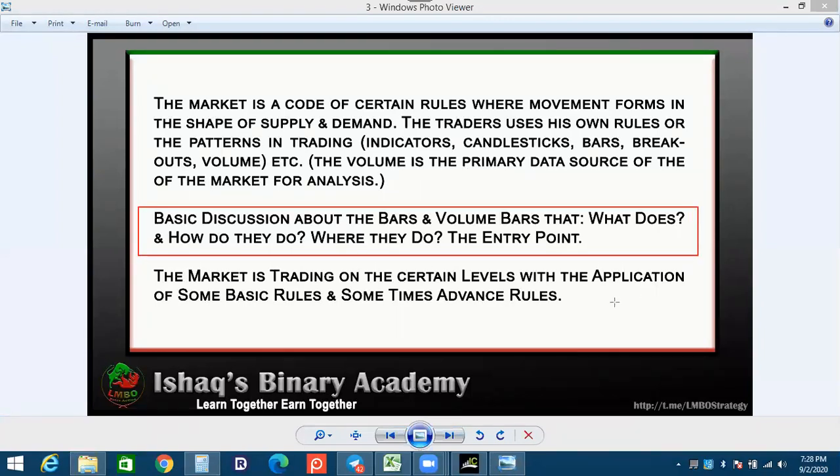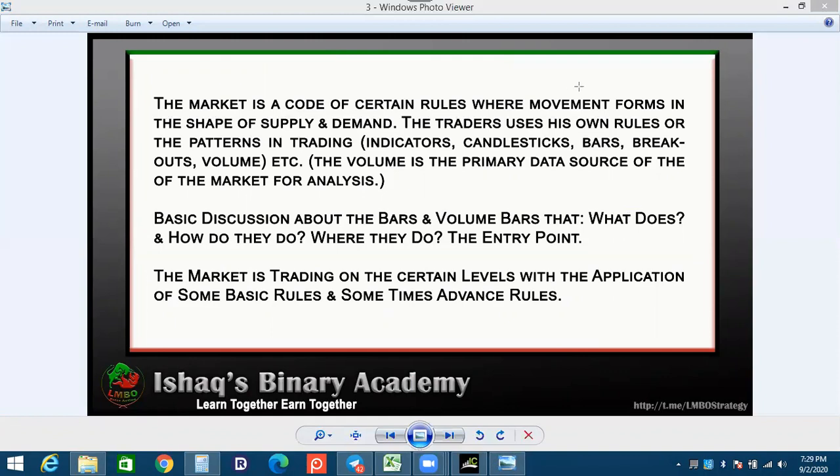We are looking at the volume bars, and the same concept is coming inside the view of the candle.